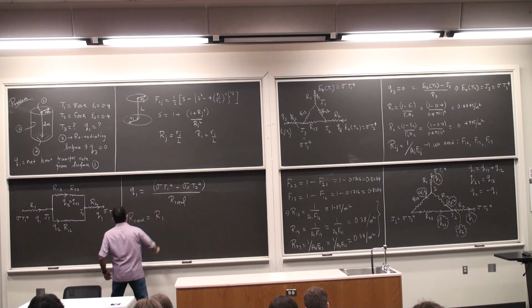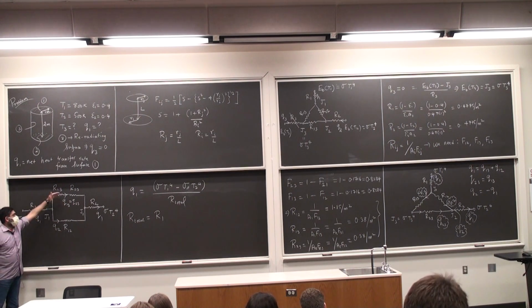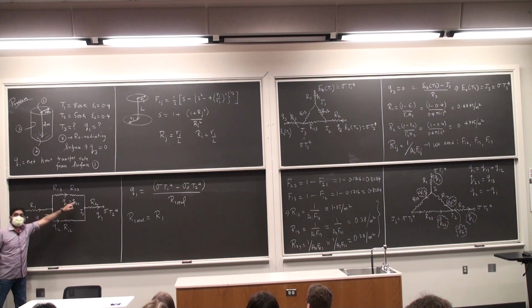R total is R1 first of all, then reduce all of these to a single resistance that's going to be in series with R1 and in series with R2.